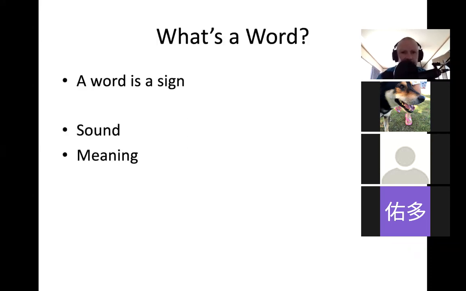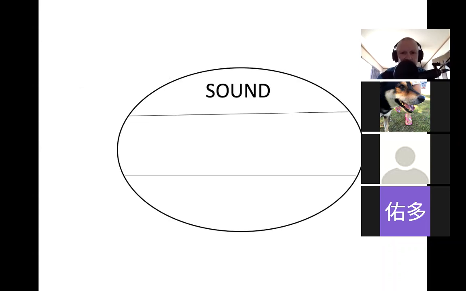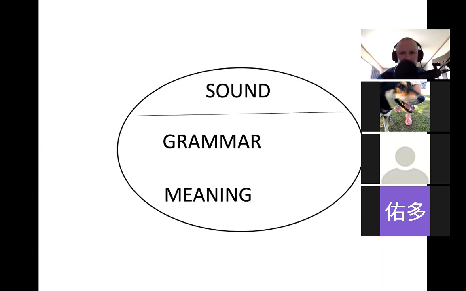Okay. And last week we also mentioned that there are three elements to a word, you could say. There's sound, grammar, and meaning. So it's kind of three parts. And that's kind of interesting, that when you look at words, very often things come down to threes for some reason.